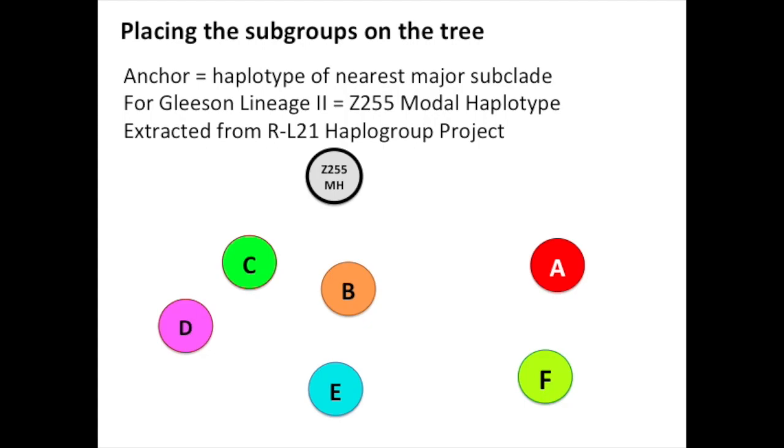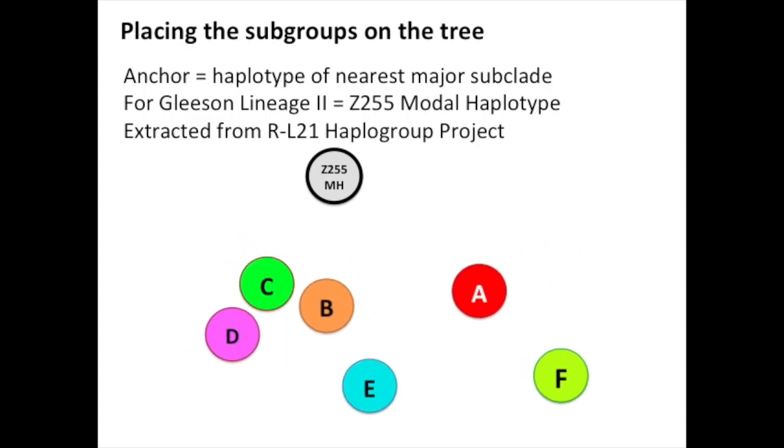But I'm using Z255 as my anchor for now. And of course, when you build this tree, what in effect you're getting is the best fit, given the data that you have. It probably is a very good approximation of reality, but it's not reality. It's the closest you're going to be able to get with the data you have available.